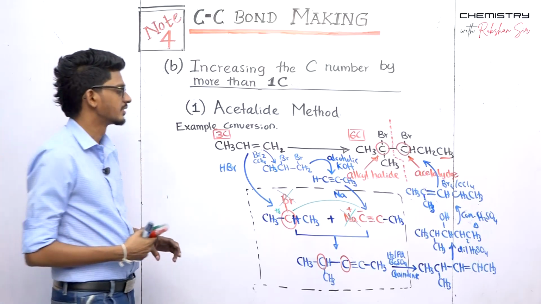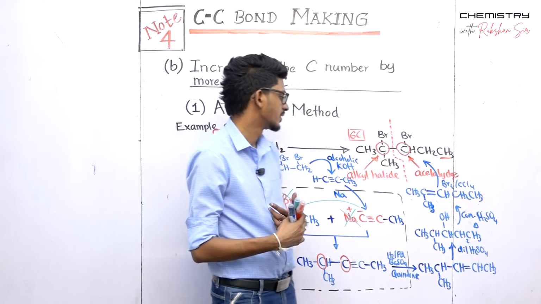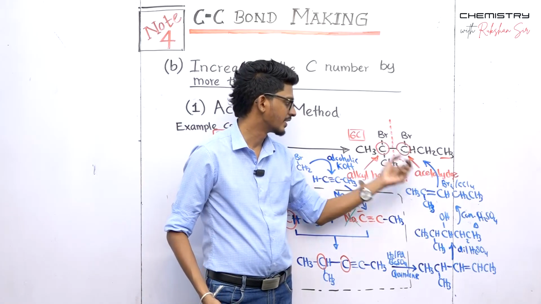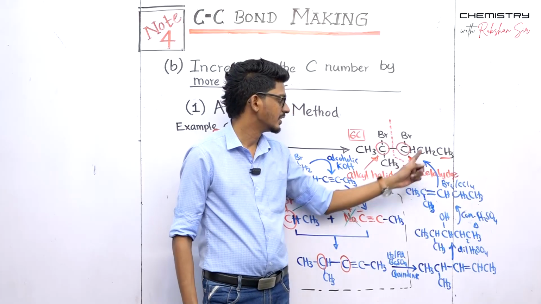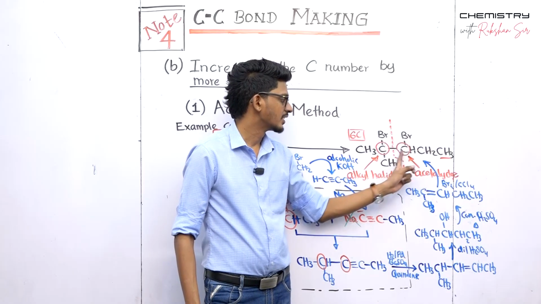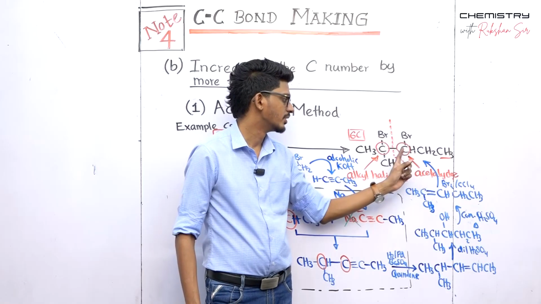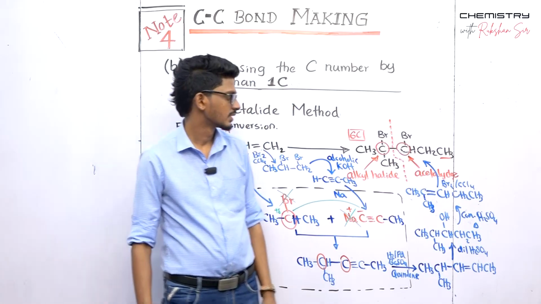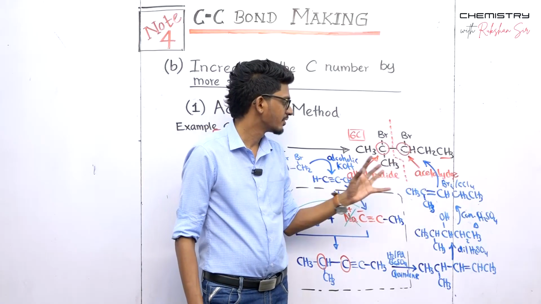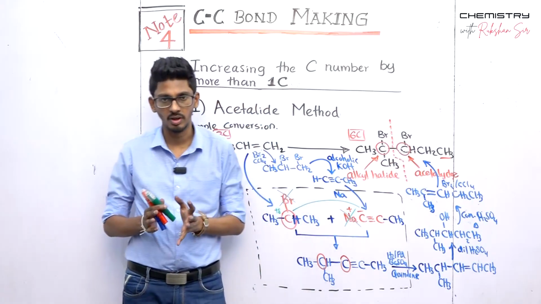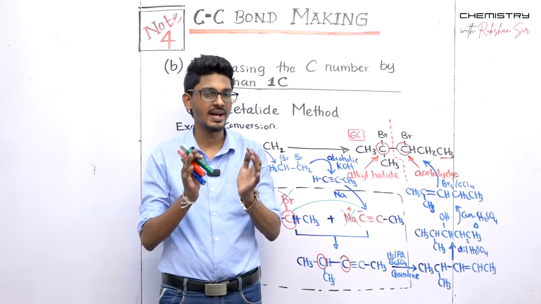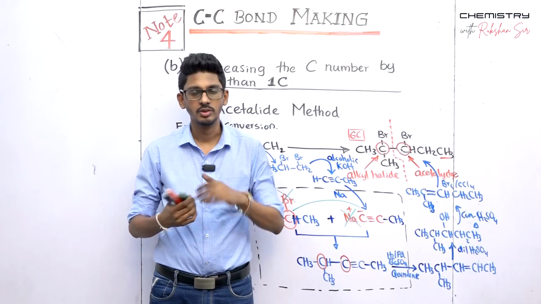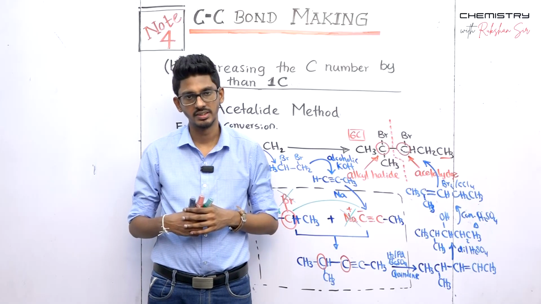In this case, it is very important to note that when you are choosing the section coming from the acetylide, definitely the functional carbon should be a corner carbon. If you don't have a corner carbon as the functional carbon at the connectivity, you can't do such a conversion with the acetylide technique.